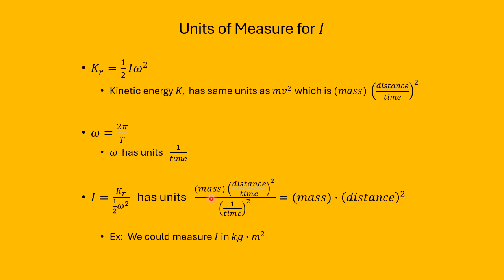We could be measuring mass in grams, distances in meters, time in seconds, for instance. But if you look at this, there's some cancellation going on. It can be simplified to mass times a distance squared. For instance, we could measure the moment of inertia in units of kilograms, which is a mass, times meter squared, which is a distance squared.